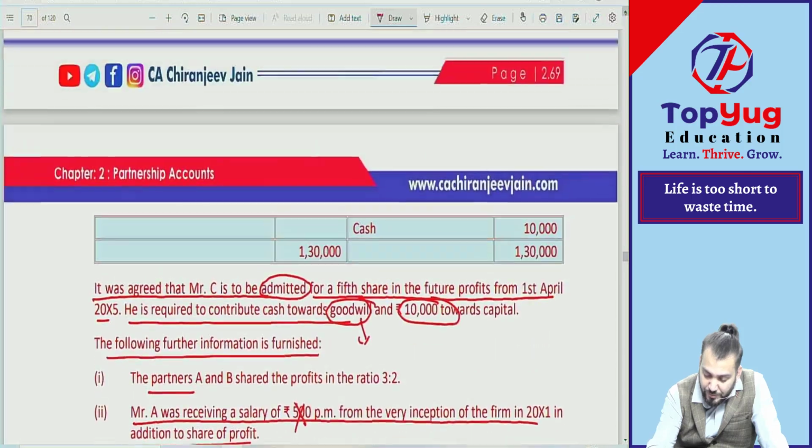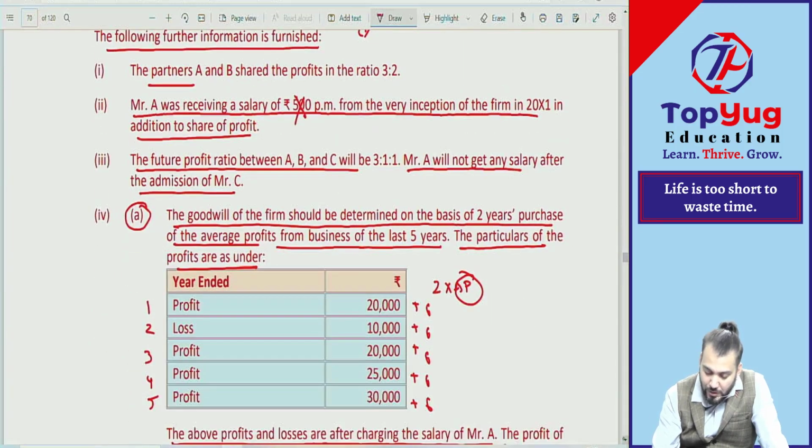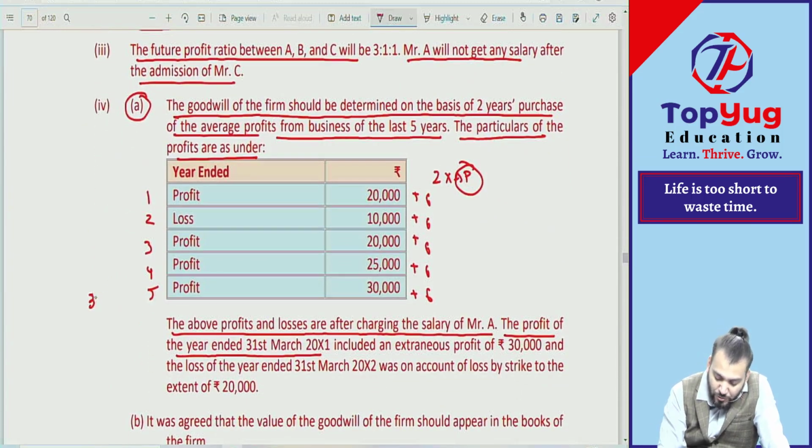It is 31st March 2005, okay. So this is 31st March 2005, this is 31st March 2004, then 31st March 2003, 31st March 2002, and 31st March 2001. Oh, the last year only.